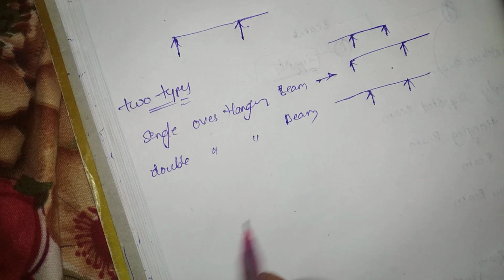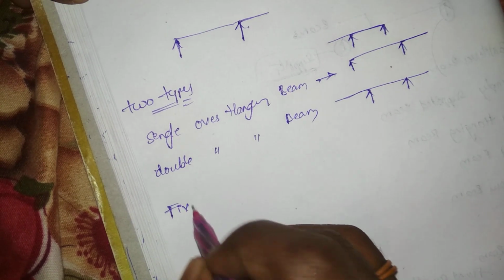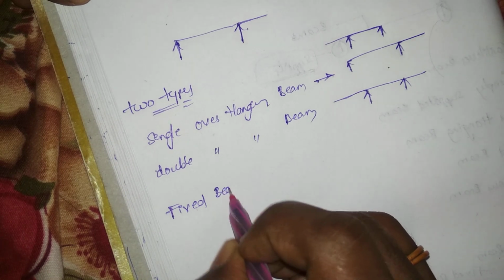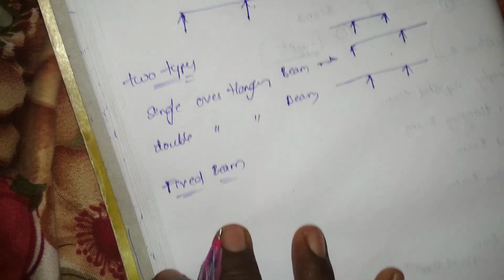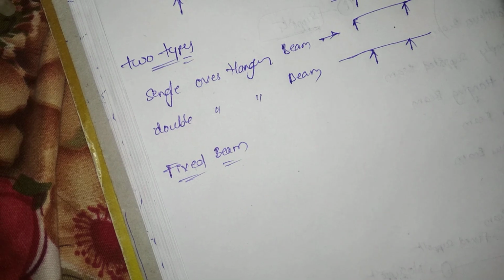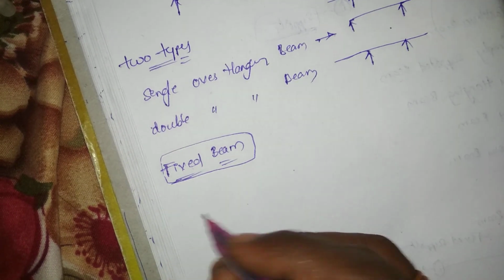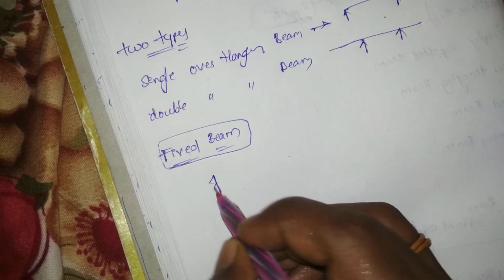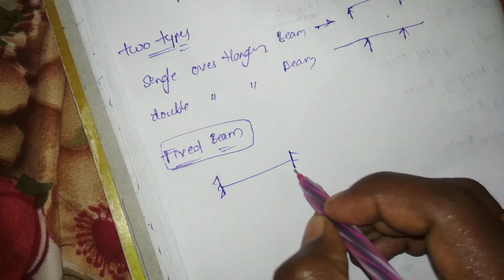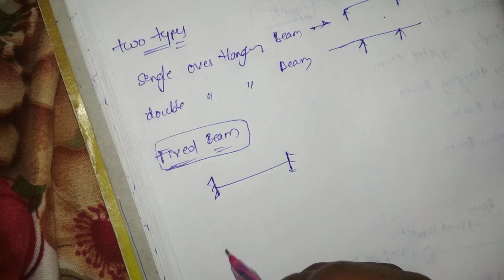Next, fixed beams. What is a fixed beam? As the name itself says, it is fixed, such that both ends of the beam are fixed rigidly, like this.